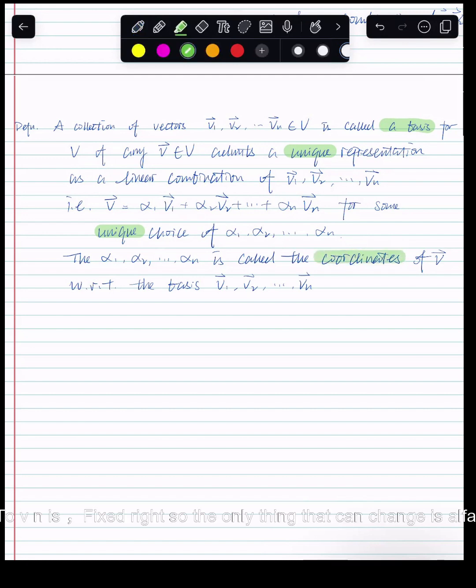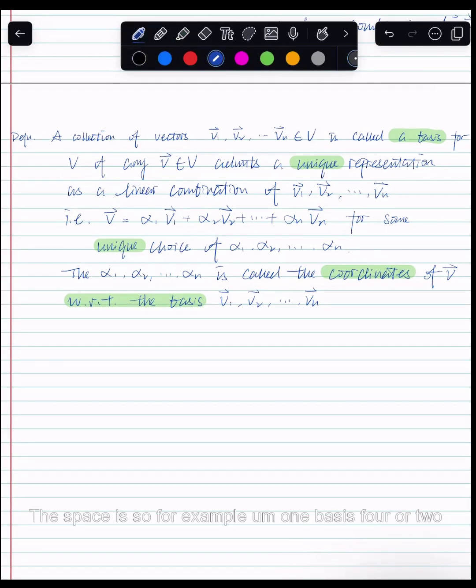Because v1 to vn is fixed, the only thing that can change is alpha. If you're talking about this basis, then it's fixed. But there are other bases for the same vector space, and that's why we say with respect to the basis.